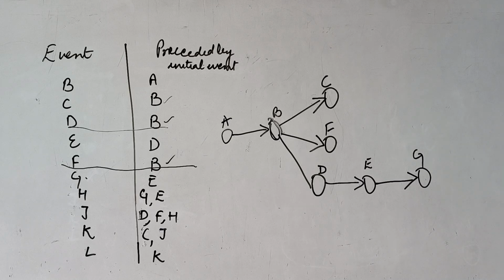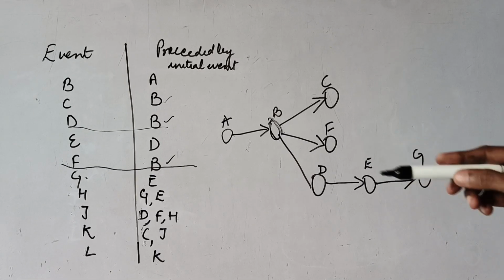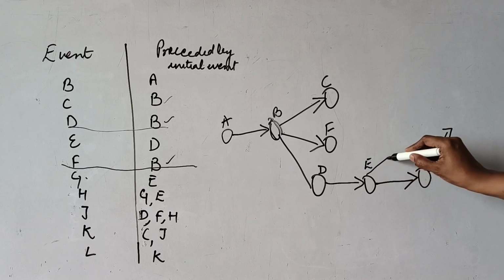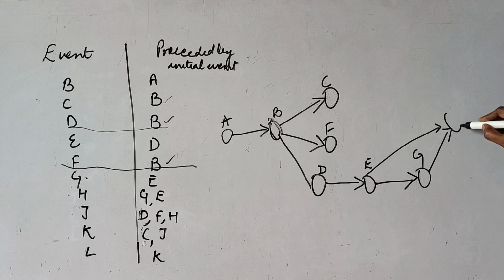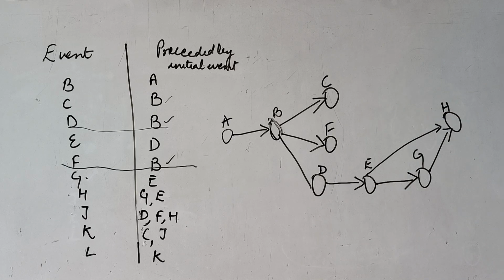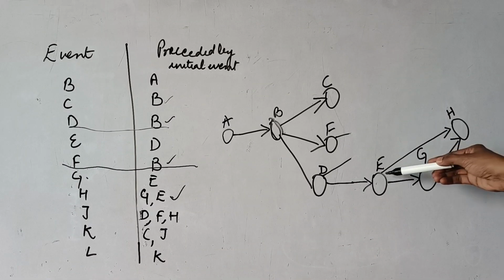Now from G and E, this combined point, I am giving this node the name H. Earlier it was not possible because both of them were coming in that direction. So now I have designed it like this, that E and G are designing the H point. So this is the creation of H from E and G.